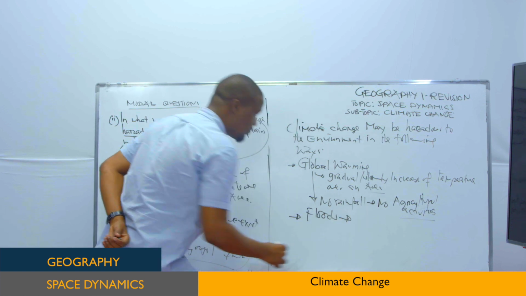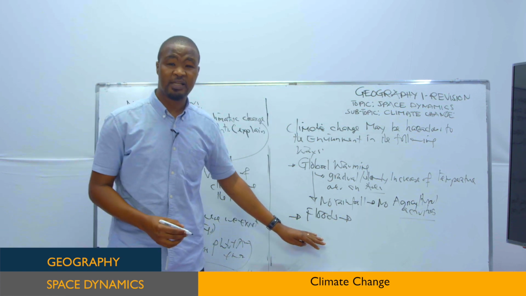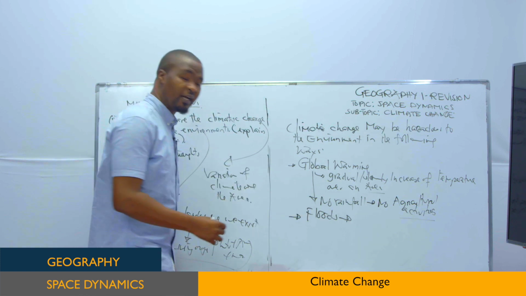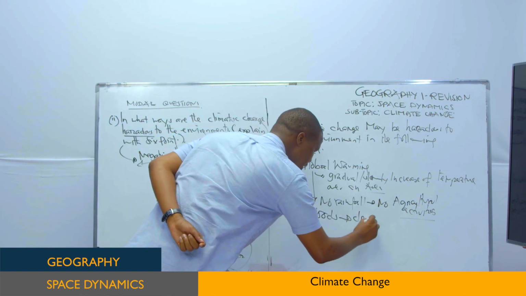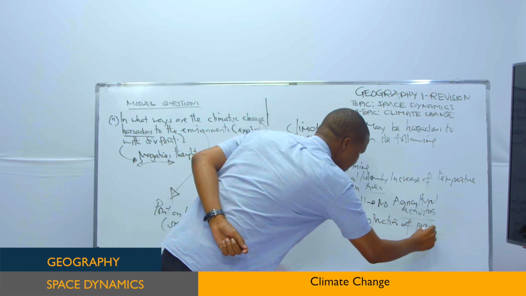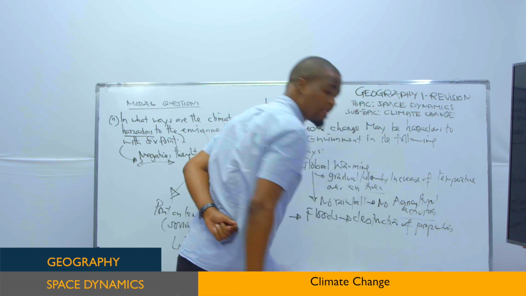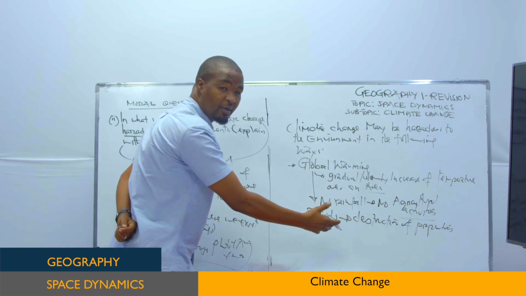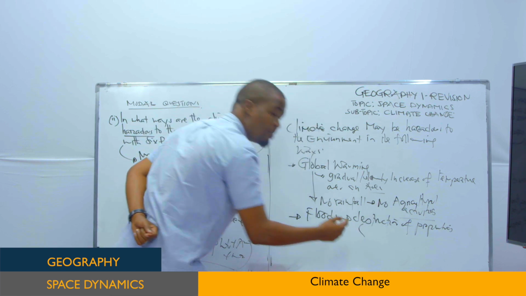So floods may be hazardous to the environment and may affect it in a negative way. Why? During floods, there is destruction of properties. We are talking about different properties that a human being may or may not own.